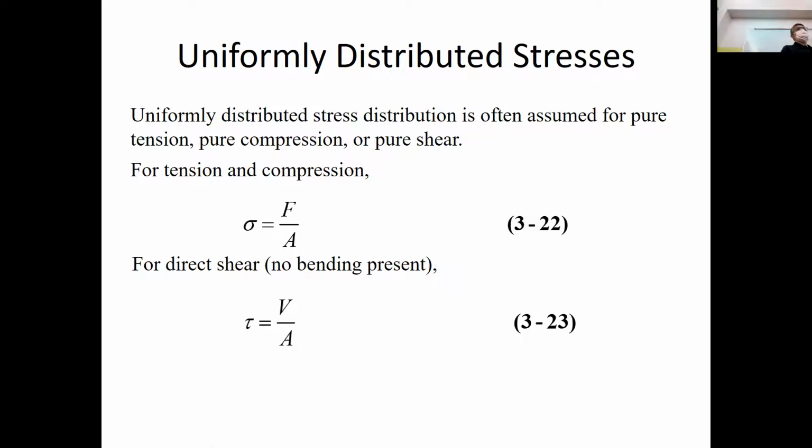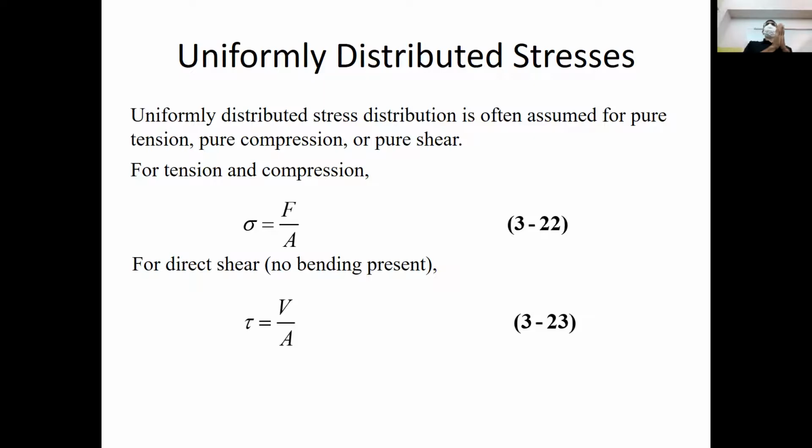Next, how do we calculate stresses? And this is what you learned in solid mechanics. So again, there are 2 types of stresses, but the way a part is being loaded is what determines how I calculate the stress. So when I have an axially loaded part, pure axial loads, I say we have a uniform stress distribution.